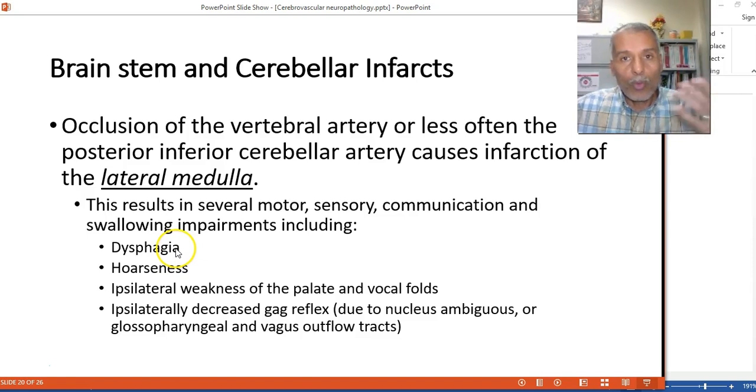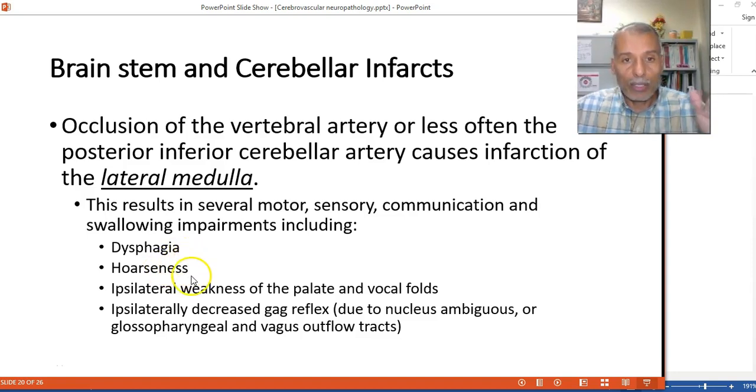Remember, swallowing is a primitive function, and the brainstem plays a tremendous role in it. Hoarseness occurs because there are cranial nerves, among them the vagus nerve, for example, that innervates the vocal folds.